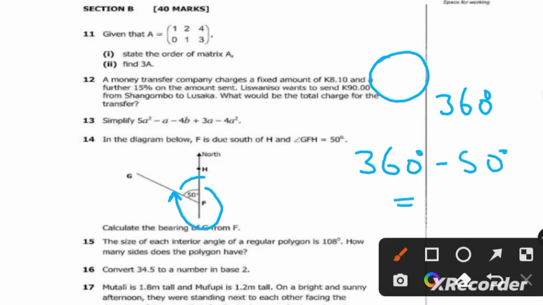We are going to get 310 degrees. So therefore the bearing of J from F is equal to 310 degrees. Without wasting time, let us move on to the next question, which is question 15.